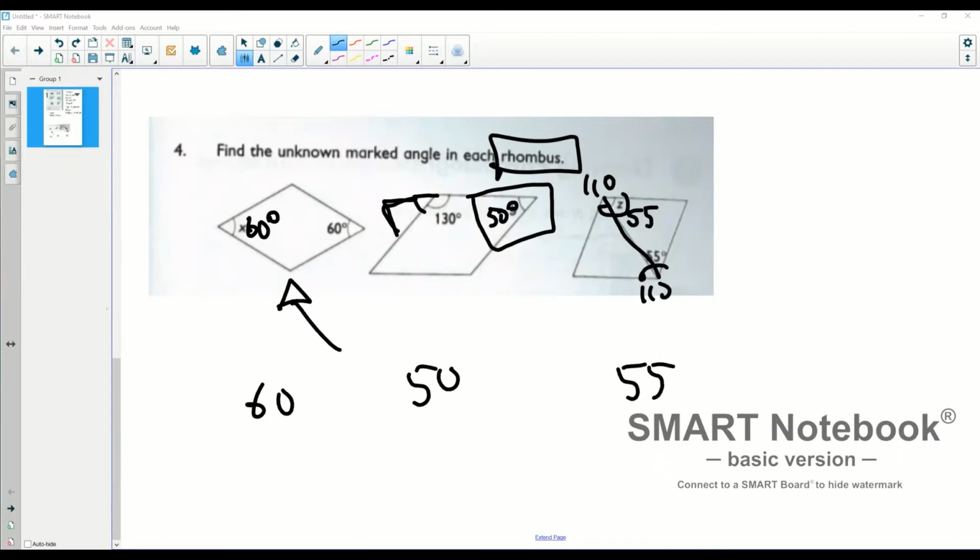I don't want to move straight on to tessellation, so I'll try to find some problems quickly. Give me a minute. See if I can find any rhombus questions here.